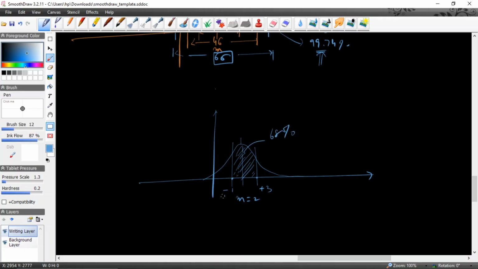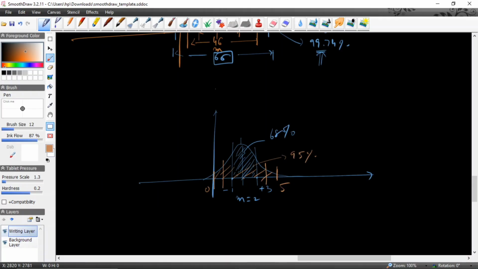Okay, likewise m plus minus 2 sigma, and sigma is here 1, so mean is 2, 2 minus 2 is 0, 2 plus 2 is 4. The probability of getting the random variable between 0 and 4 will be 95%.